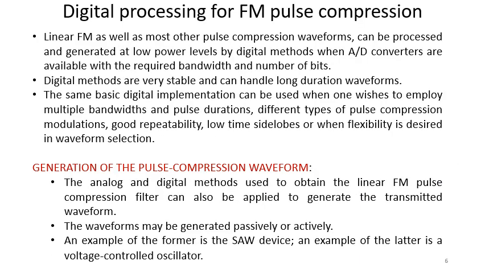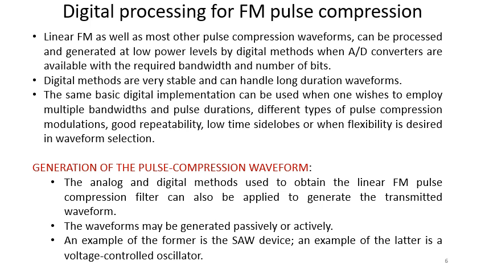Now we will consider the digital processing for FM pulse compression. Linear FM, as well as most other pulse compression waveforms, can be processed and generated at low power levels by digital methods when analog to digital converters are available with the required bandwidth and number of bits. Digital methods are very stable and can handle long duration waveforms.